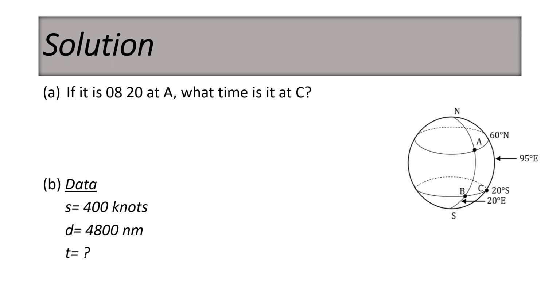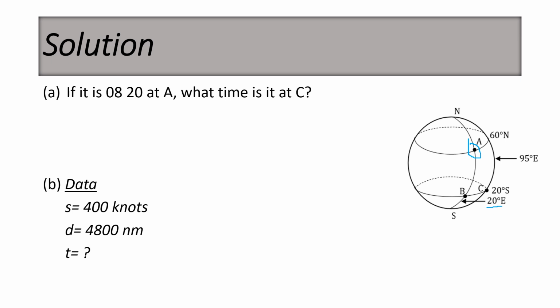For the first question, it's saying if it is 08:20 hours at A, what is it at C? Here they're asking you to find the time at C if it is 08:20 at A. So now let's check the longitudes for A and C. A is here, and the longitude for A is 20 degrees east.